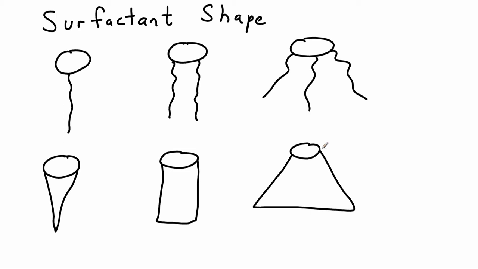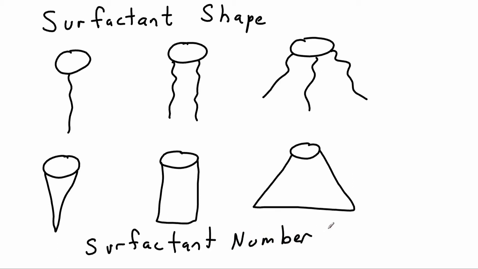So it would be useful to come up with a numerical parameter to quantify molecular shape. And the number we're going to come up with is surfactant number. This is also sometimes called the critical packing parameter because it affects how these molecules pack together.